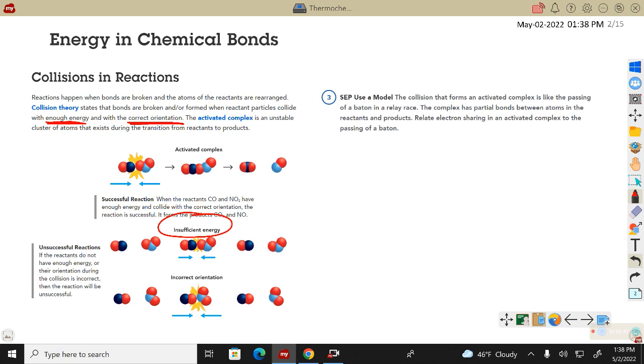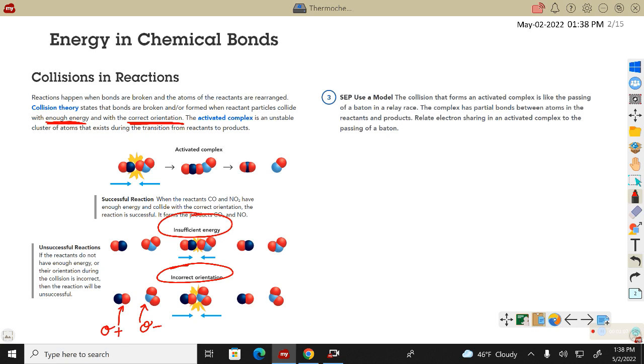We also need atoms or molecules to collide with proper orientation. Now, often that might mean that in a particle such as these, maybe this light blue atom has a partial negative charge. And maybe this red atom is partially positive.